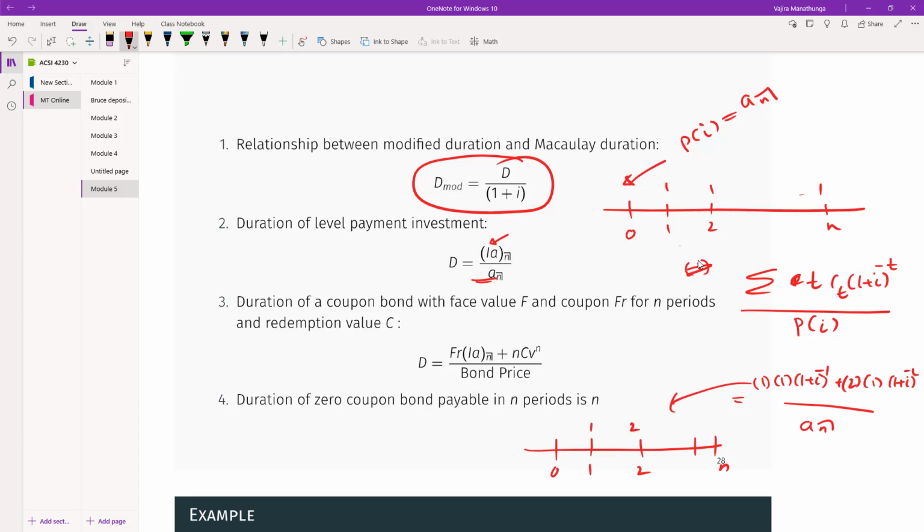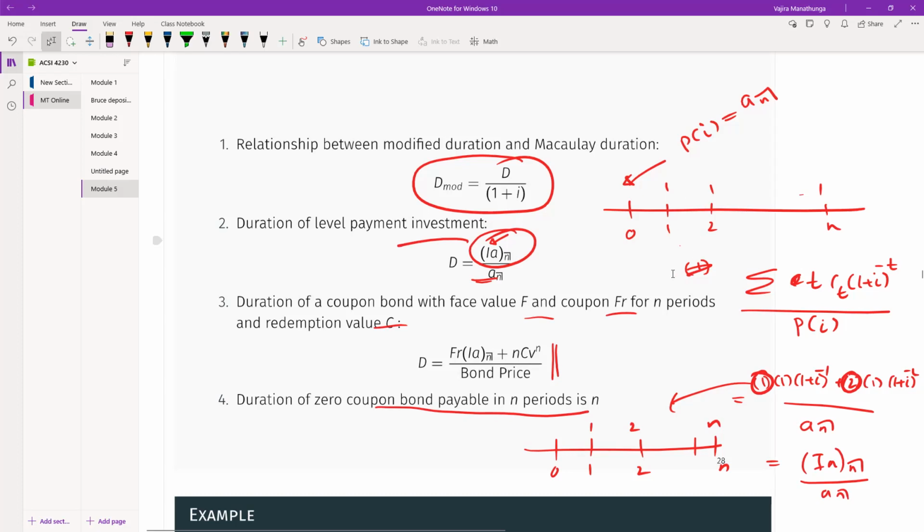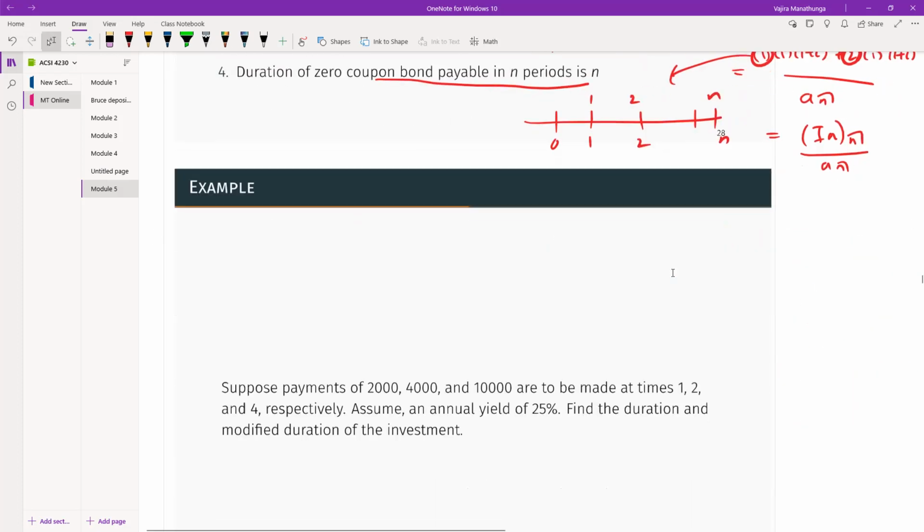So it's 1 to n because you have 1, 2, and so forth. So the present value is usually in this notation, the present value of an increasing annuity, 1 unit. You can do the same thing with a bond with face value F and coupon Fr per period and redemption value C, and you get this one. And the duration of a zero coupon bond is n. So these are the things you need to learn.